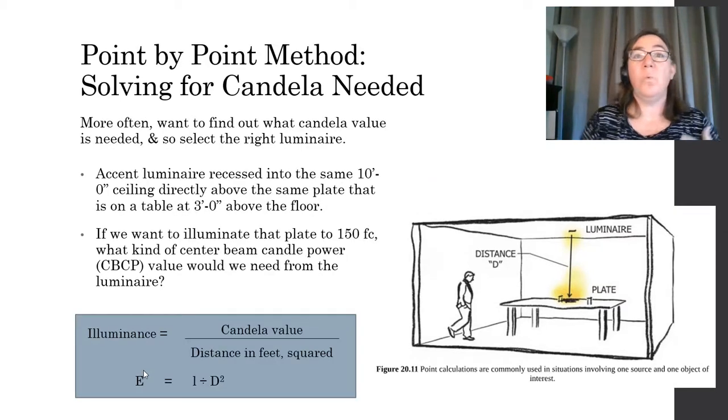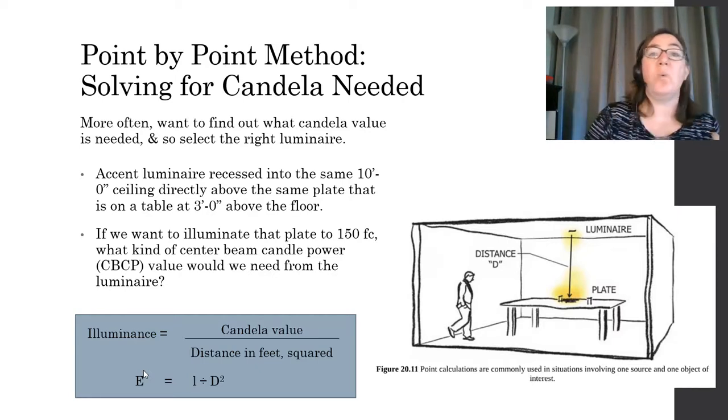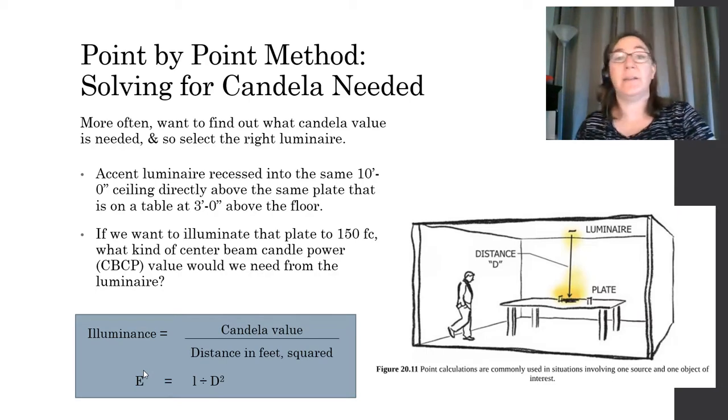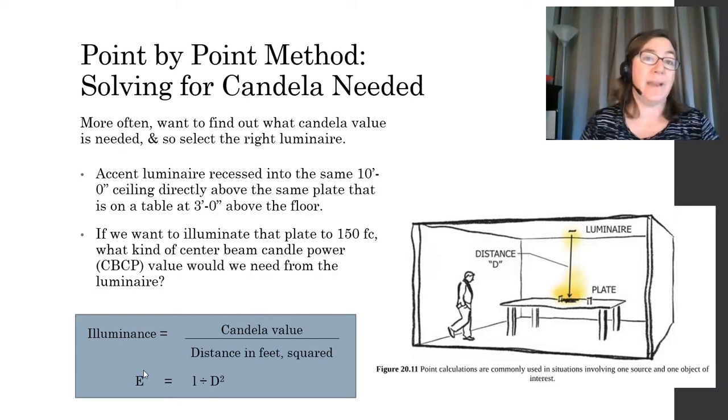Now, more often, we're going to go the other direction and find out what candela value you actually need, and then select the luminaire that can give you that candela value. So let's try this from the other direction. In our scenario here, we have an accent luminaire. It's recessed into that same 10-foot ceiling above the same plate that's on the same table 3 feet off the floor.